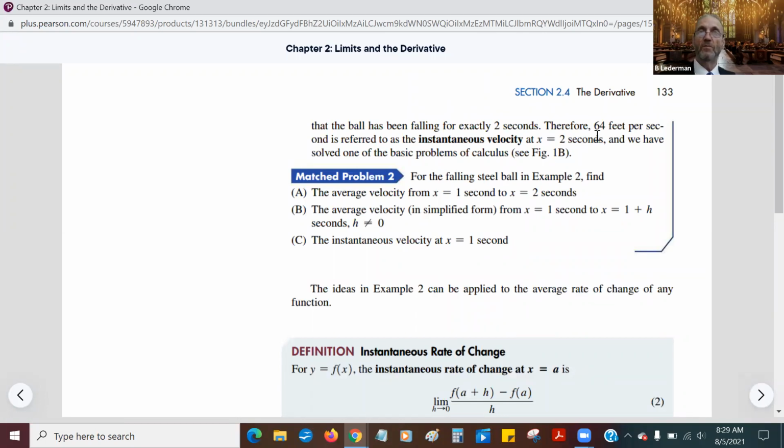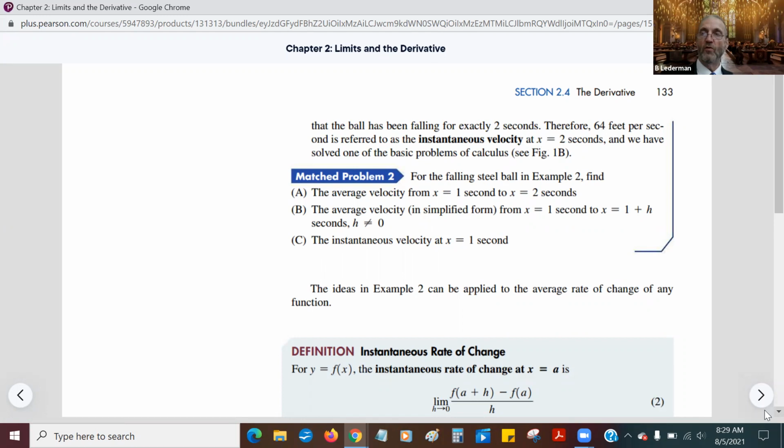Therefore, 64 feet per second is referred to as the instantaneous velocity at x equals 2. So if there was a cop with a radar gun and he shot the ball exactly at 2 seconds, it would be going 64 feet per second. I don't know why I have to bring in such unfun thoughts.